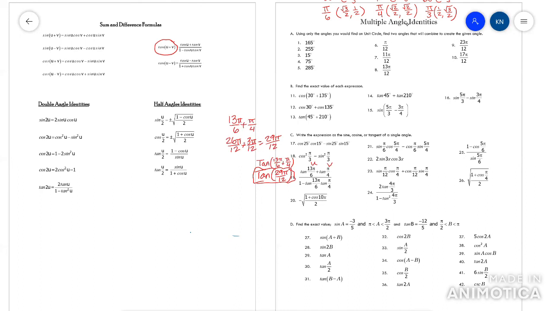Okay, let's look at this next one. So it's a negative root of 1 plus cosine 10x over 2. Well, that looks like this. It's got the negative square root of 1 plus cosine over 2. So cosine u over 2 is the equation that I'm going to need to be using.